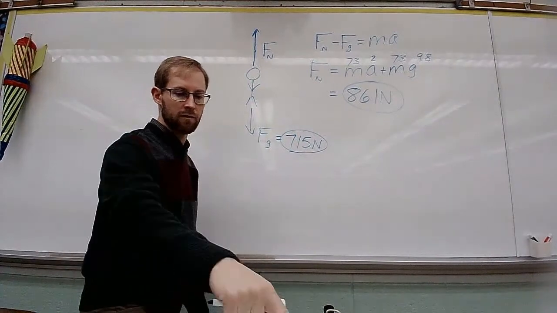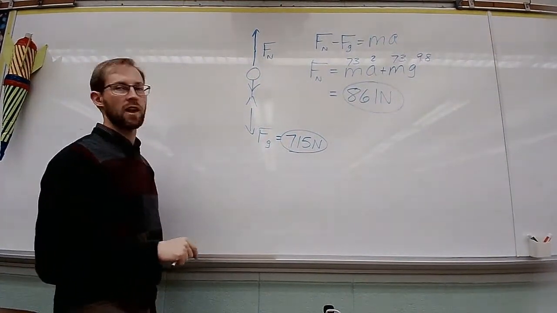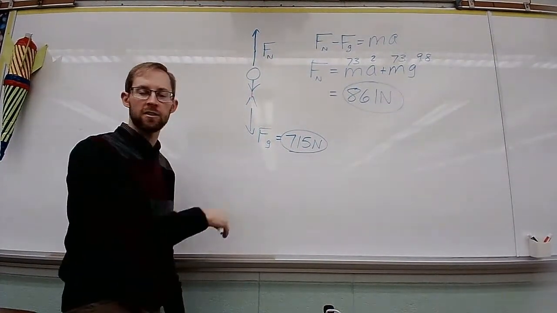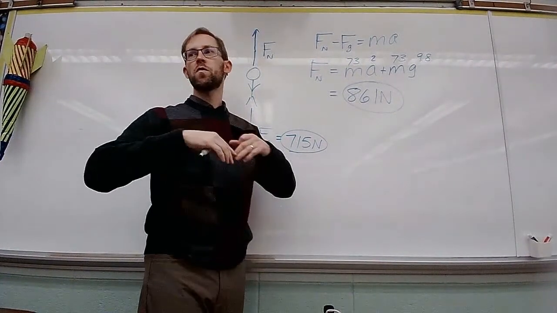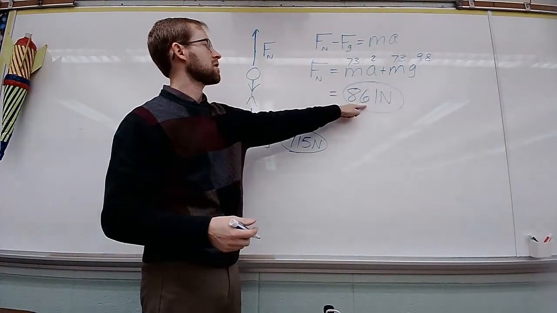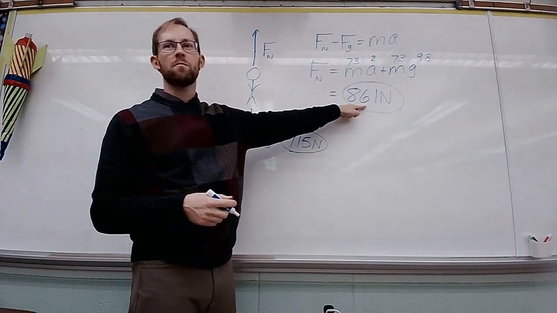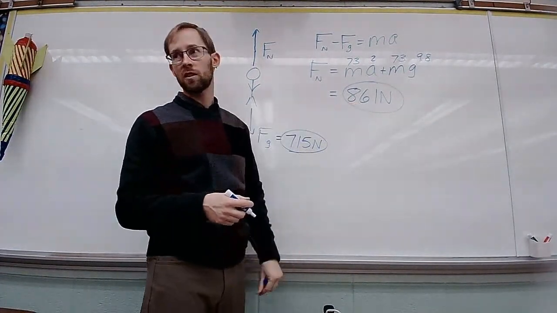That's like letter single I for part B. So 715 is what that one would read, because force of gravity equals normal force for that condition. During the period of deceleration, you feel heavier, and we found out that value was 861. Therefore, the bathroom scale would read 861 newtons under those conditions.